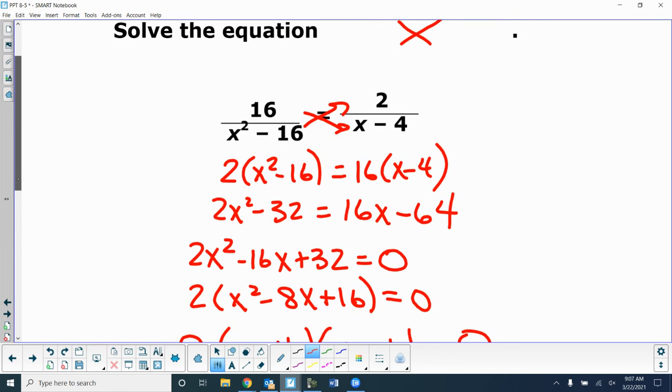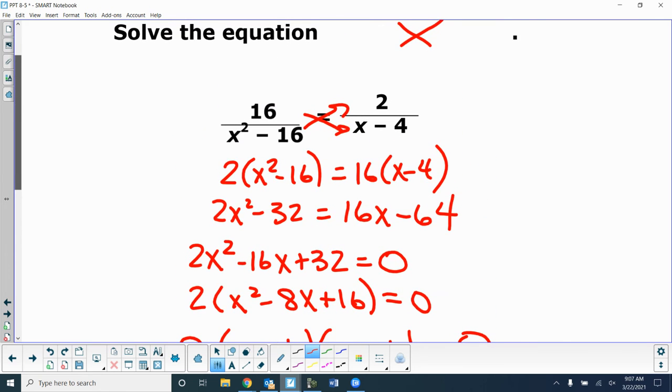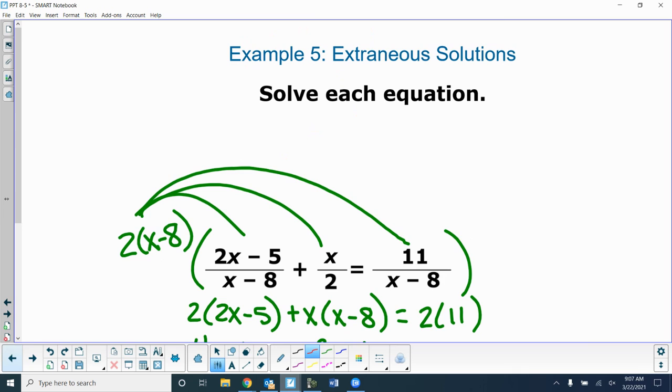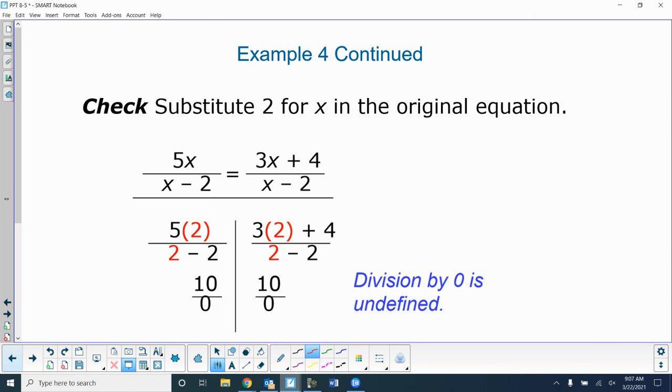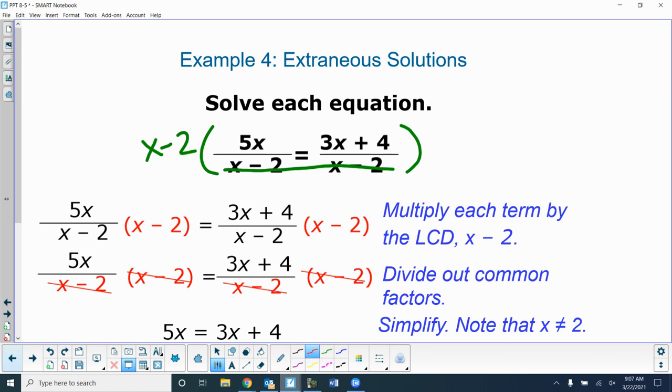So proportions. We had a couple of different ones. If they're different denominators, go ahead and cross multiply. What do we do if our proportion had the same denominator? We just could cross them out. Okay? Save ourselves some time. All right?